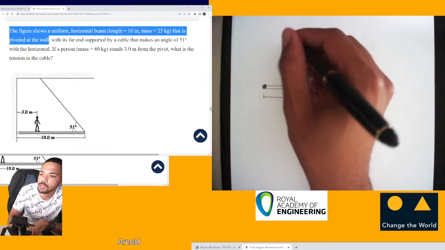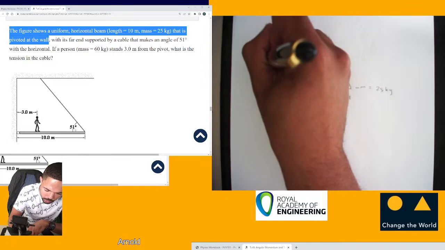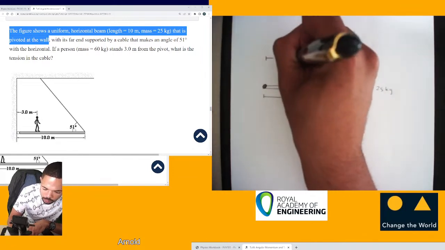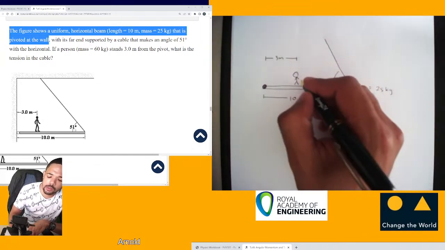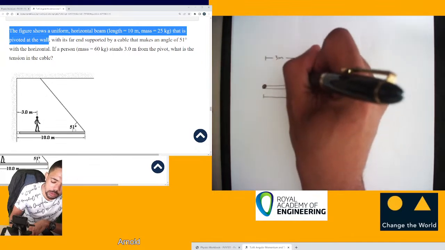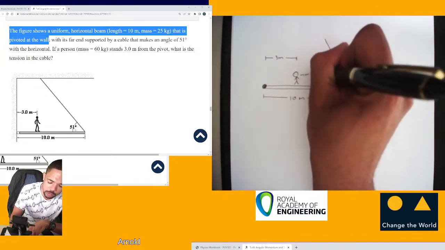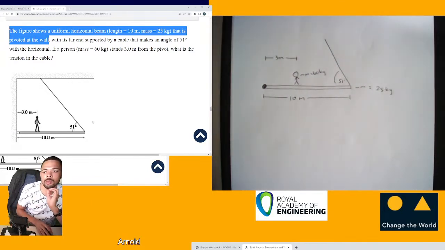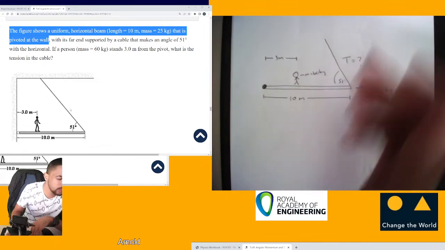This person stands 3 meters from the pivot, and this person has a mass of 60 kilograms. Now they're asking, what is the tension in the cable? So we need to find T. Okay, what is the tension in the cable?